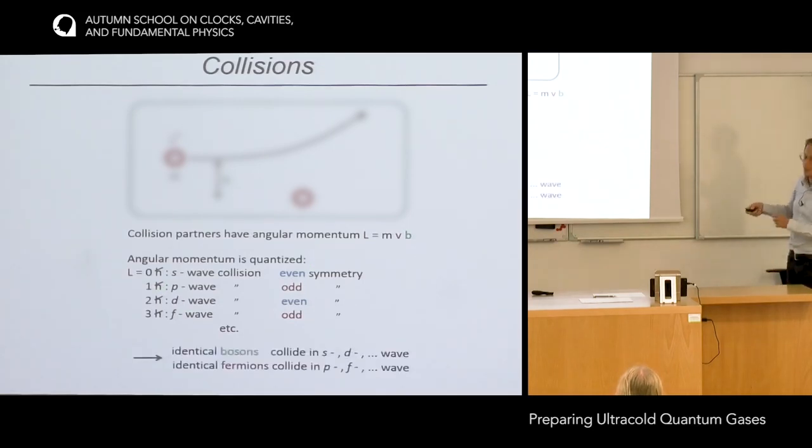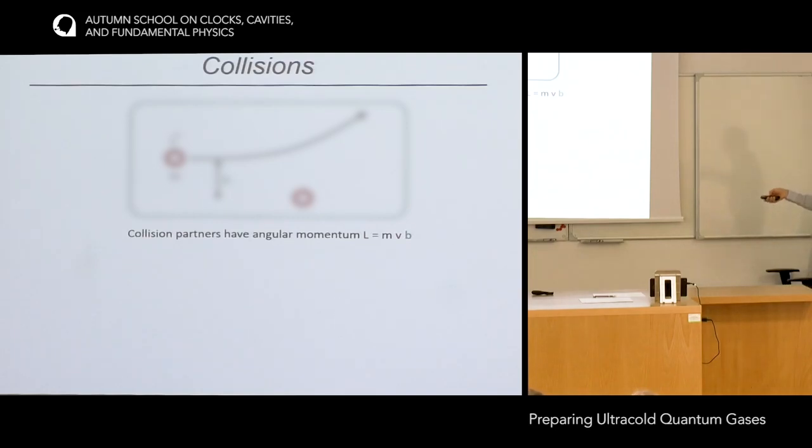And now you know, of course, that the wave functions of bosons or fermions have to obey some symmetry rule. So bosons are only allowed to collide in S and D wave and so on, whereas fermions are only allowed to collide in odd partial waves, P and so on. So for identical fermions, they can only collide in P and F waves.